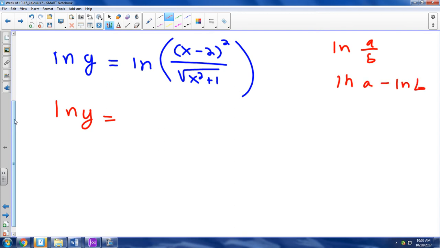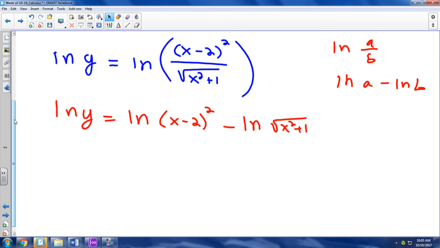So a in this situation is x minus 2 all squared, and b is the square root of x squared plus 1. No calculus has been done yet, but we've used that one log property to make it into two problems that are a little bit easier than trying to just straight up take the derivative of all of that. That would be crazy. Taking the derivative of all of that by brute force would be tough.